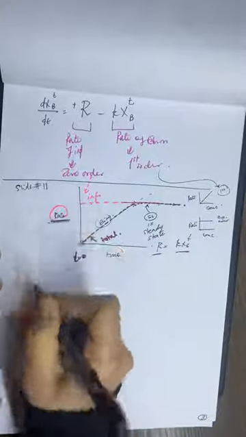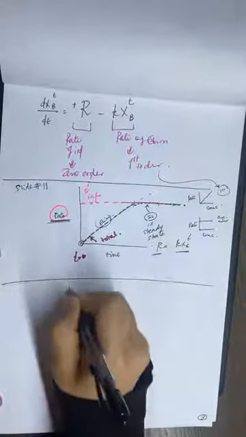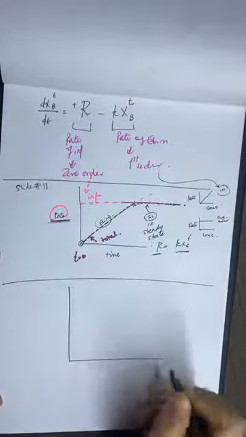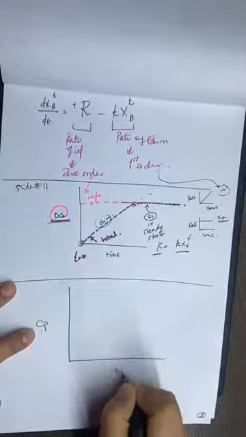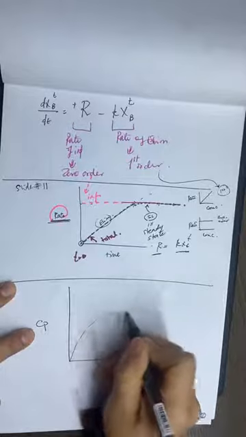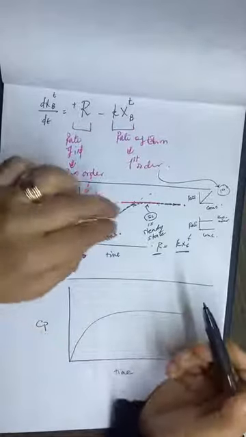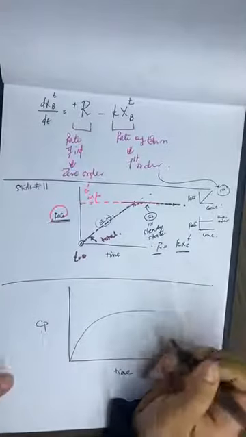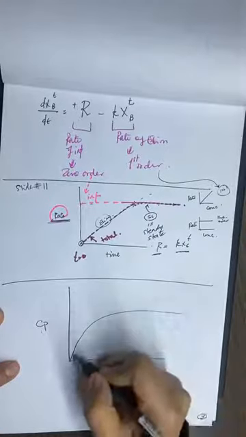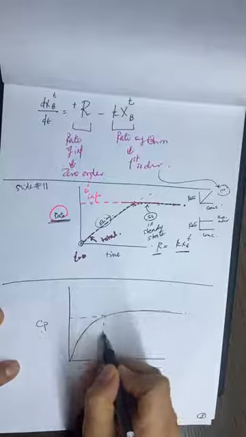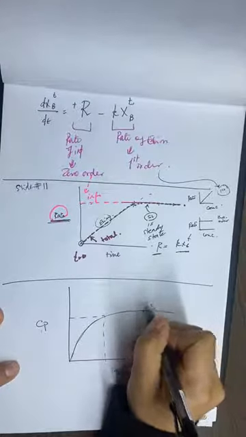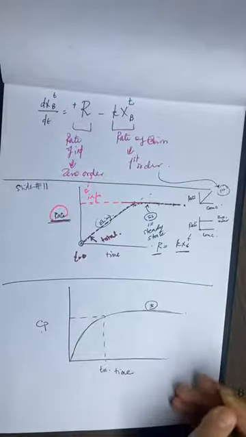This is rate. Again, if we have the profile as concentration versus time, we will have this profile, which is a result of whatever is happening here. So we will have an increase in the concentration until we reach the steady state, and this is the time to reach the steady state.